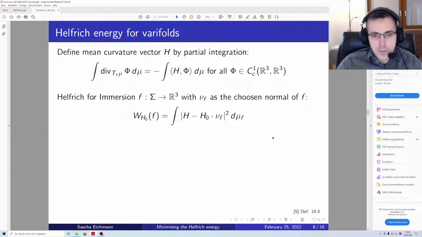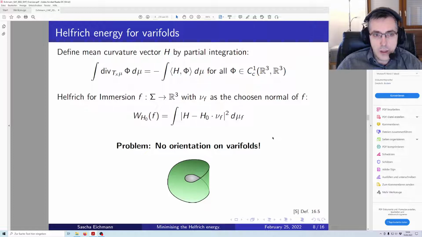Okay, now we have a problem. We do not have a normal for a varifold. We are only tracking tangential spaces. We are not tracking orientations. And this is indeed a problem which has to be alleviated before our variational framework is complete.